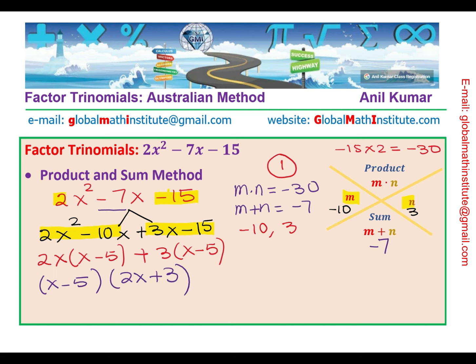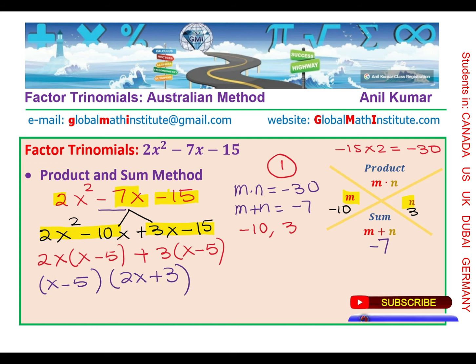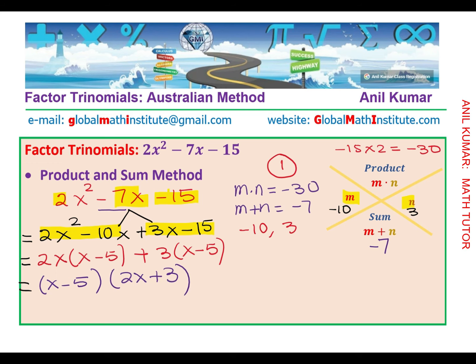Now the difference is that we split the center term, in this case minus 7x, as minus 10x and plus 3x, and then followed group factoring steps to get the factors. So there are 4 steps involved: step 1 is writing the product and sum, then splitting, then finding common factors between the binomials, and then getting the result.